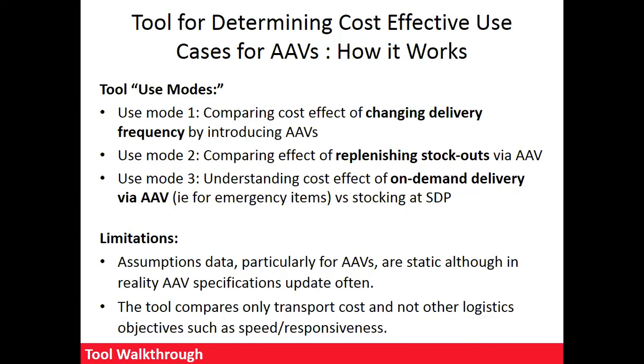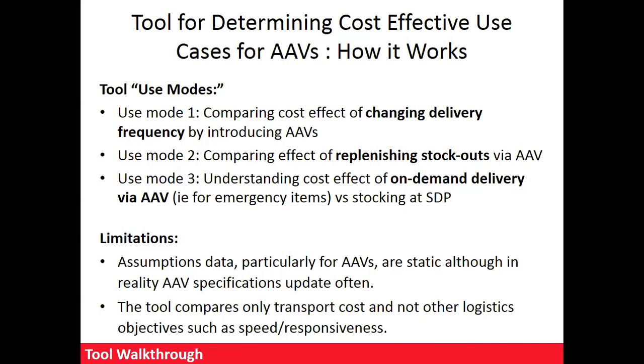And we also expect the tool can be used to help understand the cost effect of using AAVs to specifically deliver items that might be stocked at a different location. For example, an emergency or long tail SKU that could be simulated as not being stocked at the SDP, but instead brought on demand by AAV.